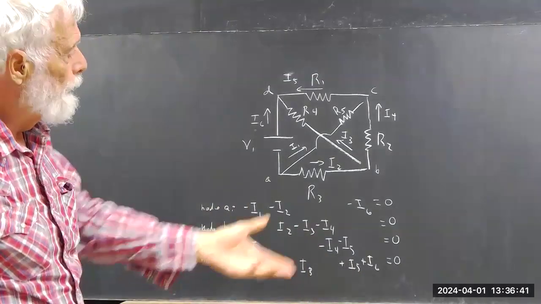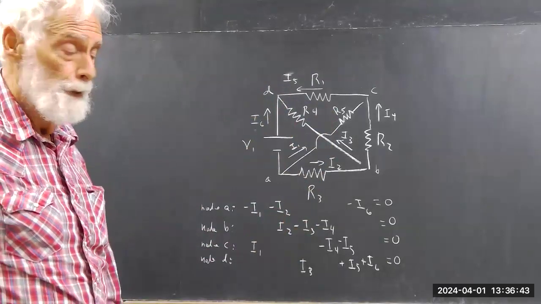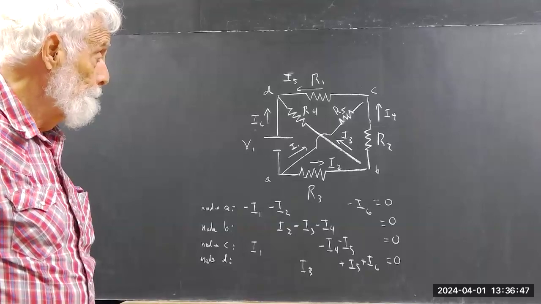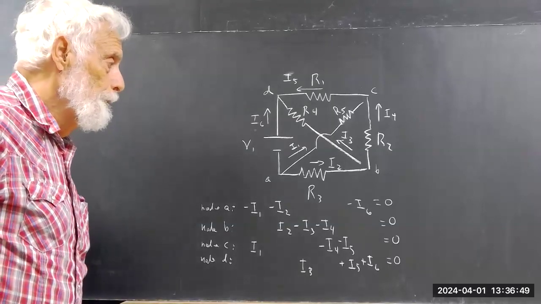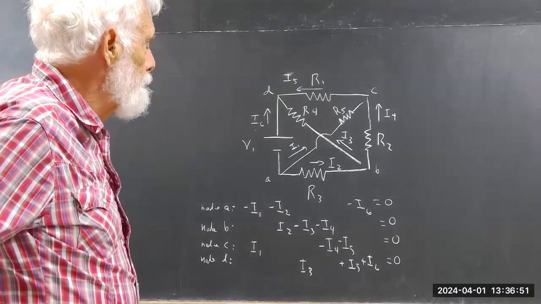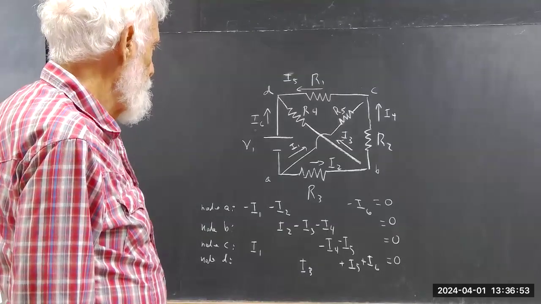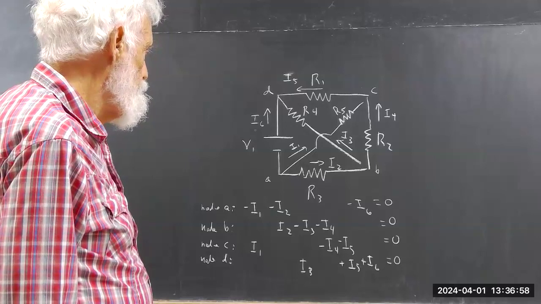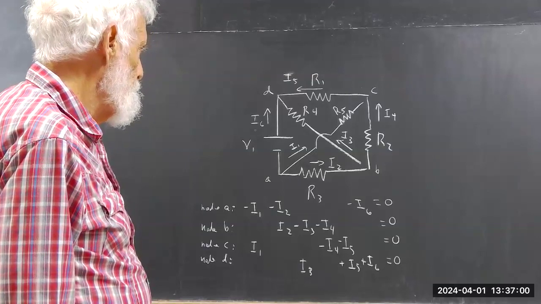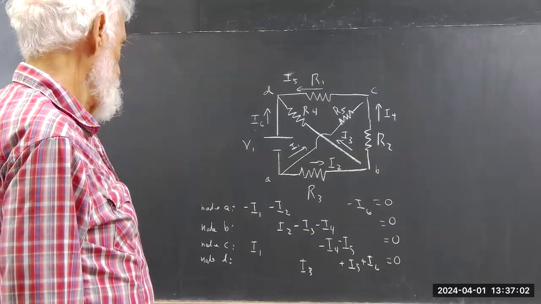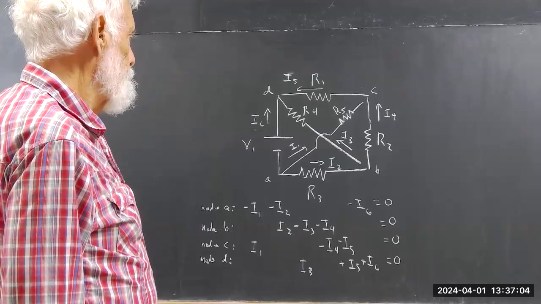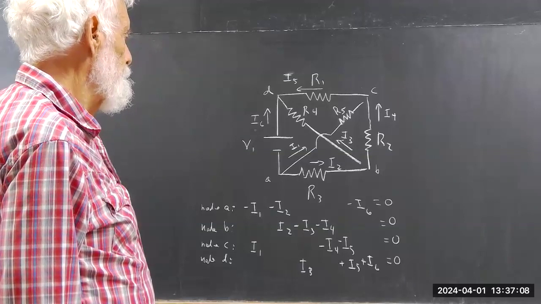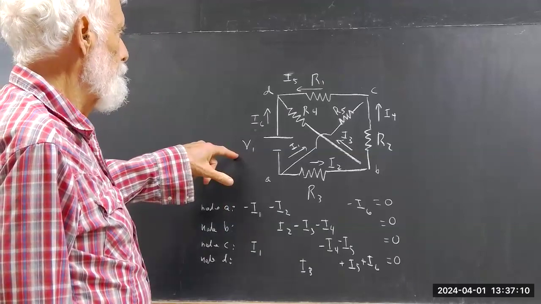I need 2 more equations. I've got 6 unknowns, so I've got to choose 2 loops. Now everybody, I choose different loops, but it's possible to choose 2 loops without the source voltage.